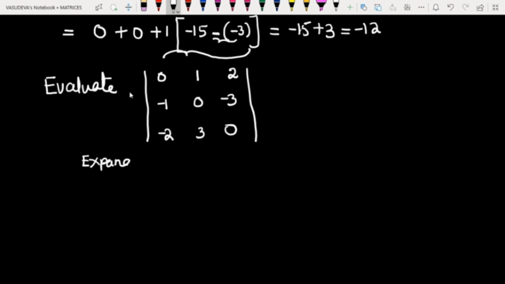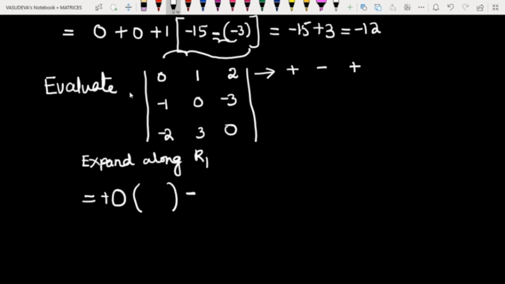I will take expand along R1. So this determinant can be expanded as expanding along R1. Now we have 0. The signs associated with the first row are plus, minus, plus. So plus 0, and I am not writing the terms, because 0 multiplied with any term is 0.